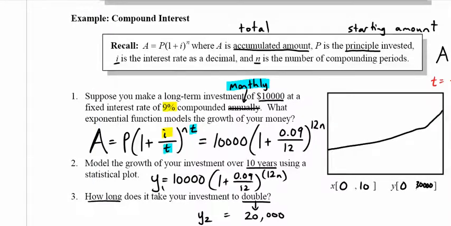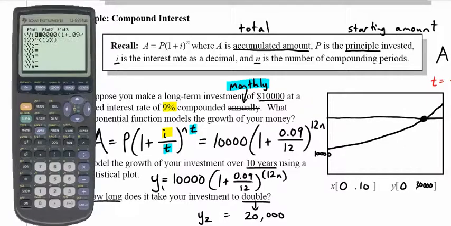Oops, not very straight. And this point here is my y-intercept. So now I want to find out how long does it take to get to a height of 20,000. I want to see where those two lines cross. So I'm going to plug in 20,000 and see how many years it takes for it to double.